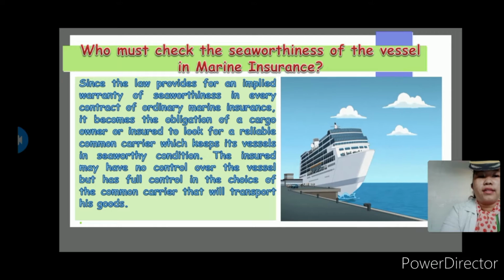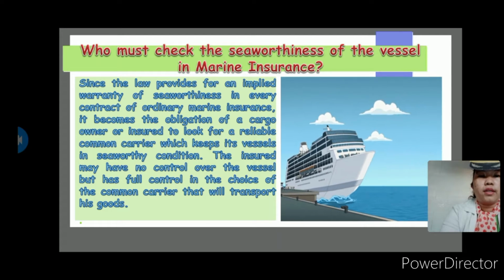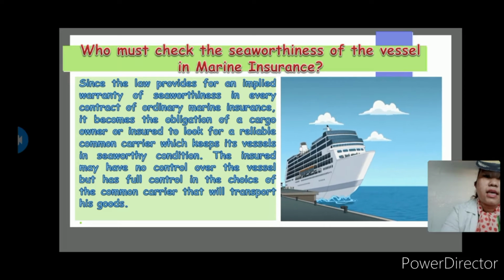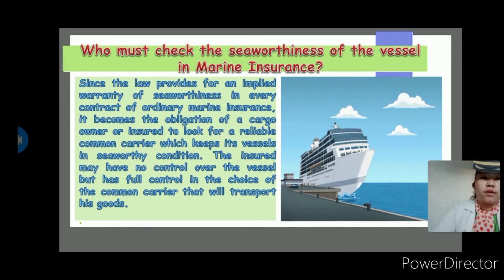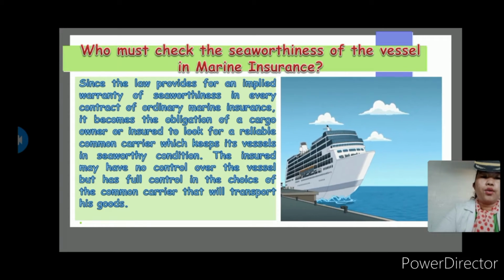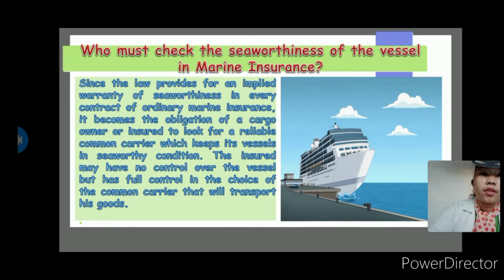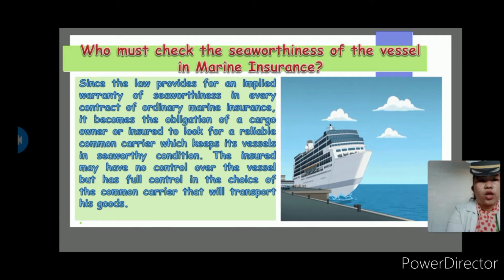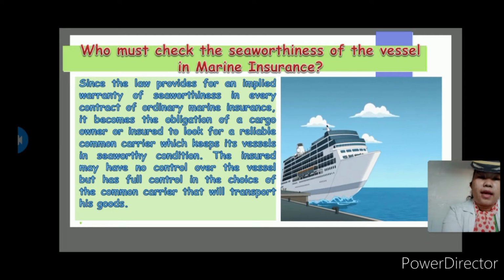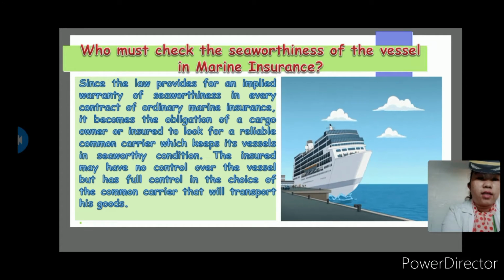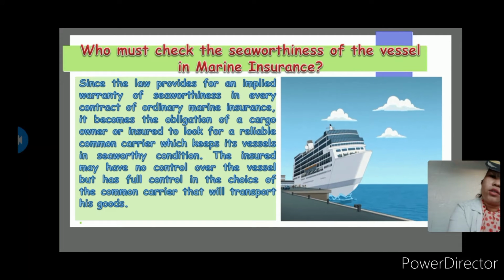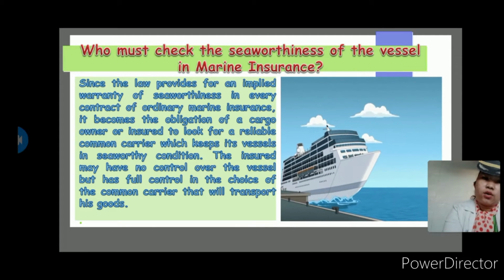Since the law provides for an implied warranty of seaworthiness in every contract of ordinary marine insurance, it becomes the obligation of a cargo owner or insured to look for a reliable common carrier which keeps its vessel in seaworthy condition. So the insured may have no control over the vessel but has full control in the choice of the common carrier that will transport his goods.